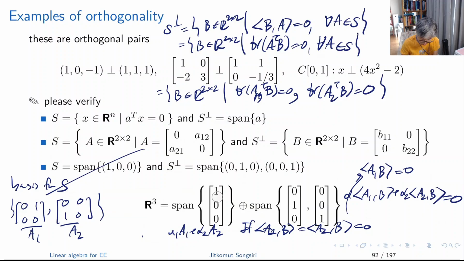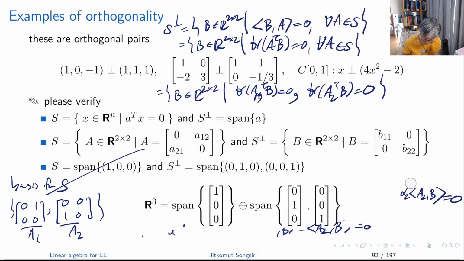So in order to characterize my set S-perp in this example, it is enough that I check the orthogonality condition between B and the first basis matrix, and B with the second matrix.